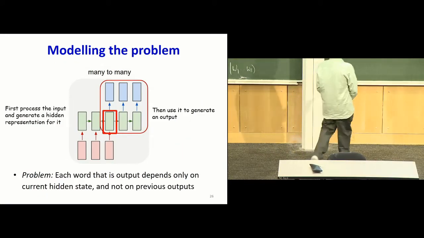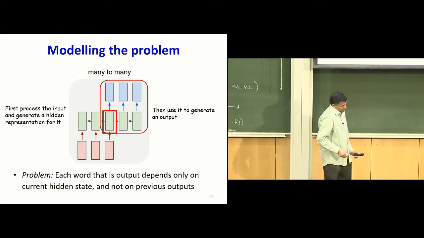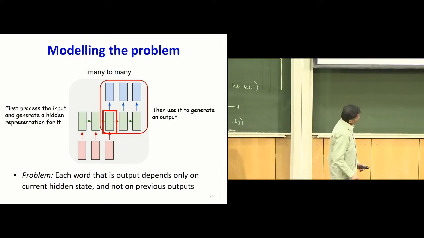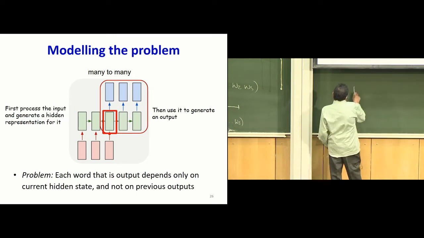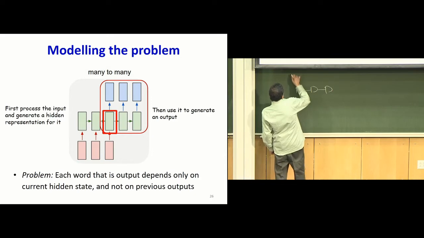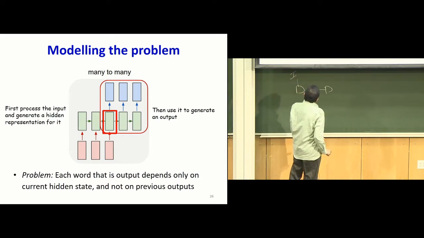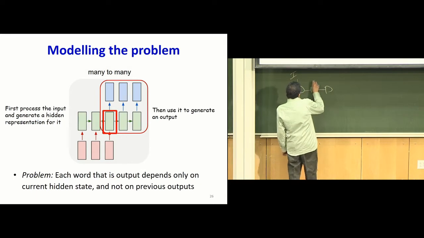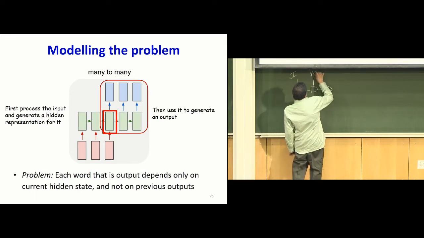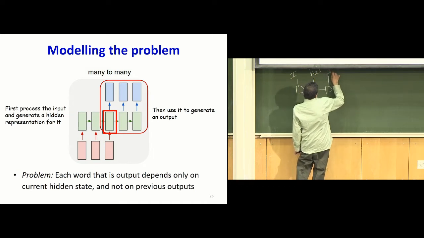The problem is this: say I had a distribution and I drew the word I over here, I drew the word had over here, I drew the word an over here.